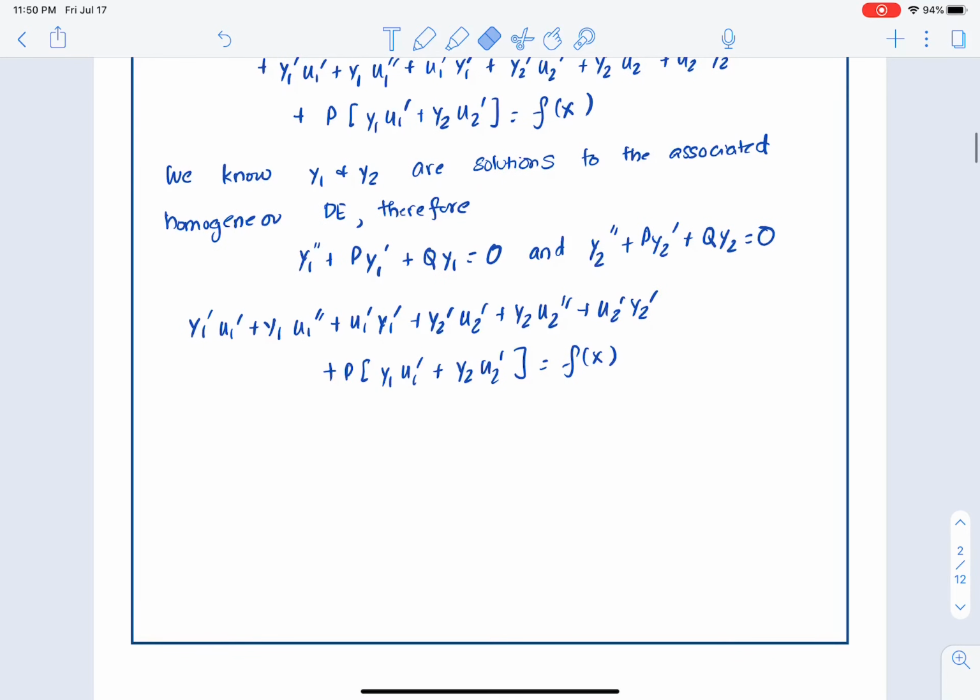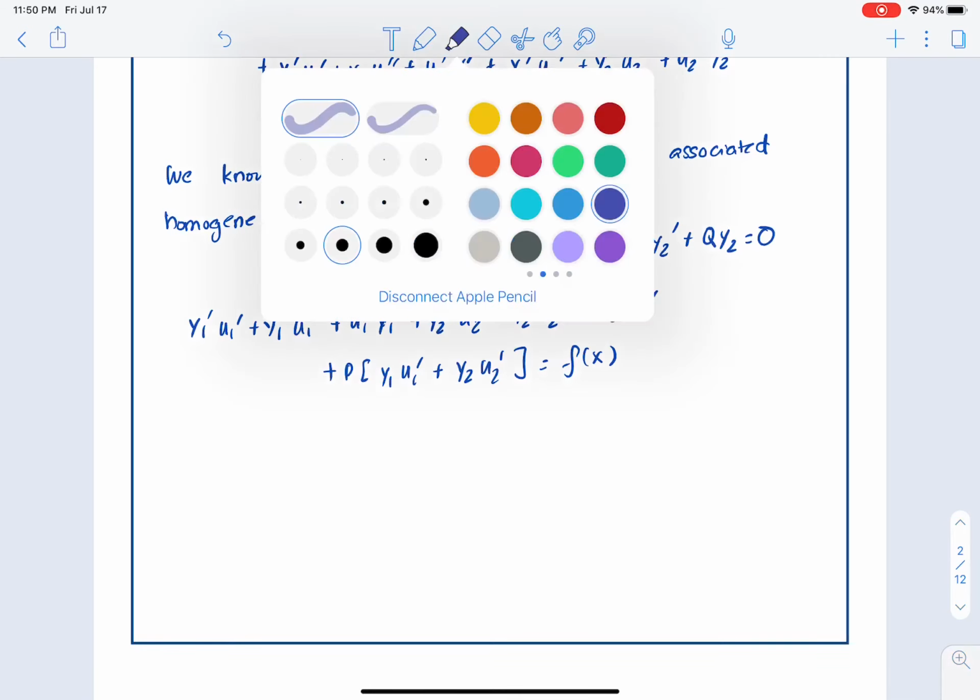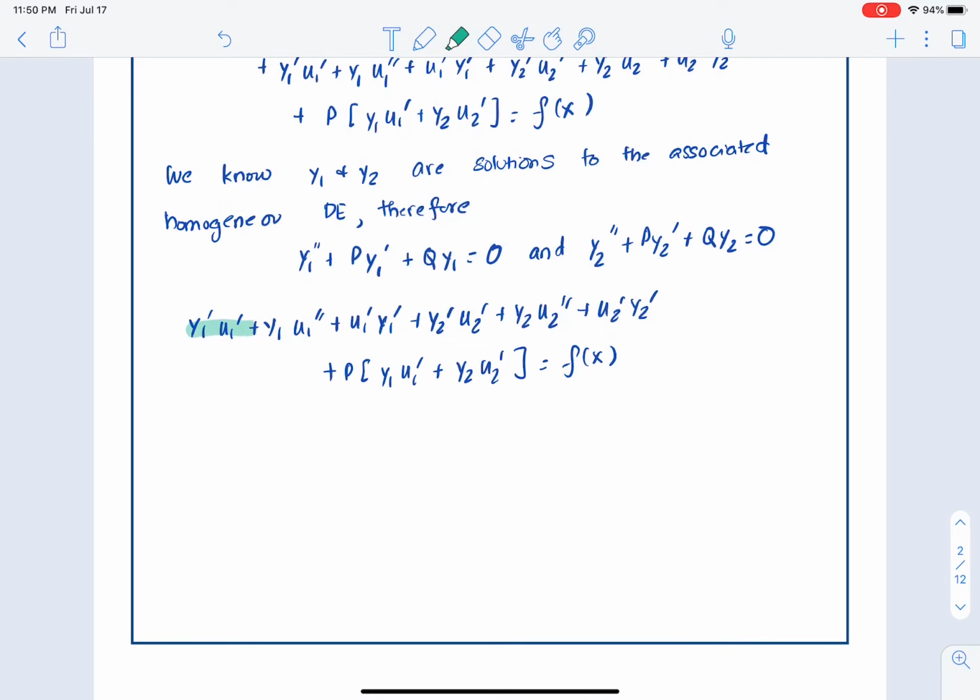So, I am going to write that part as d over dx of u1 prime y1. Okay. Keep the other terms as is.